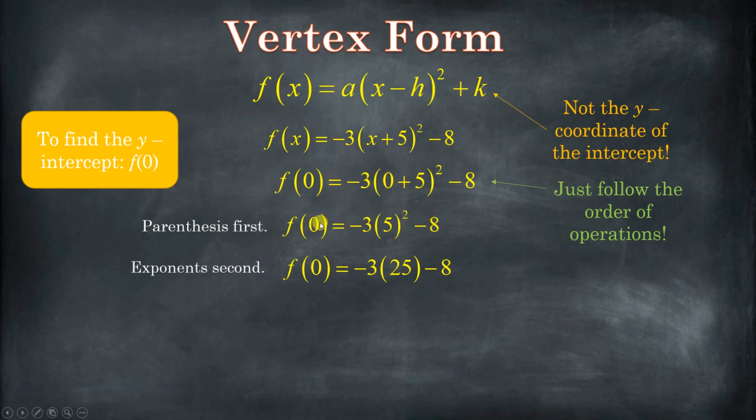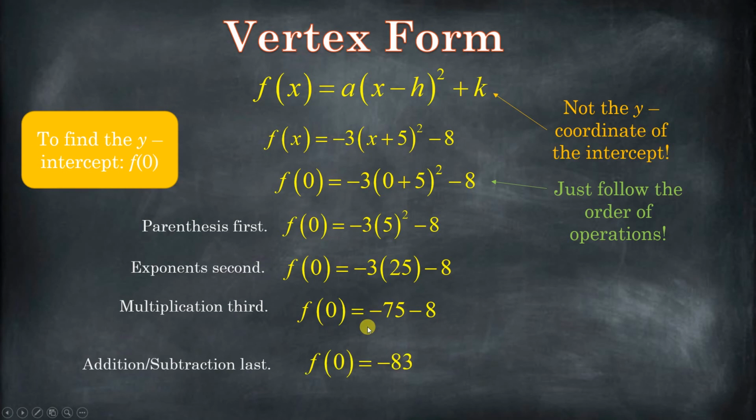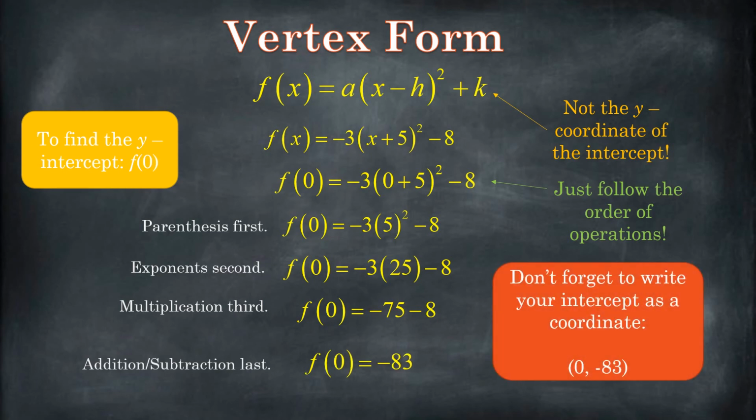You could probably do this part in your head, of course. But just following the order of operations, parentheses first, then exponents, then multiplication. Negative 3 times 25 is negative 75. And then there's subtraction: negative 75 minus 8 is negative 83. So the coordinate of your y-intercept is 0, negative 83. Boom, done. Really not too bad, right?